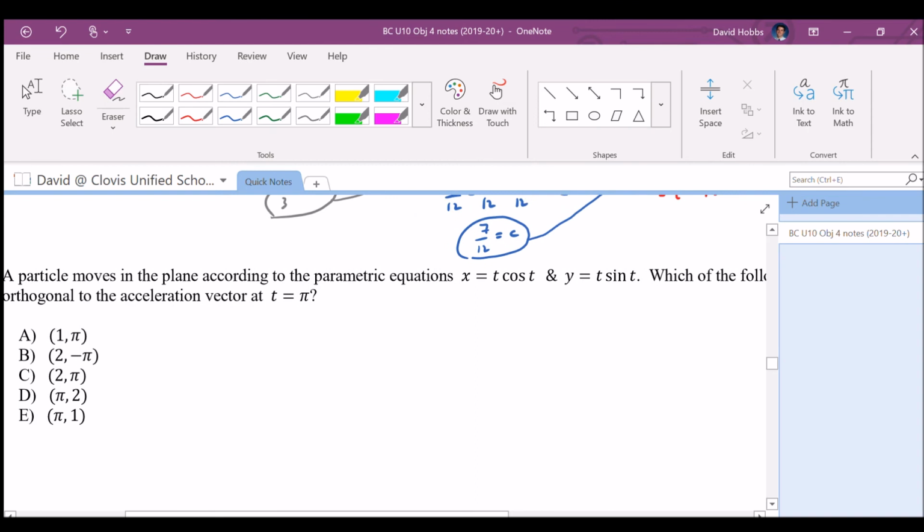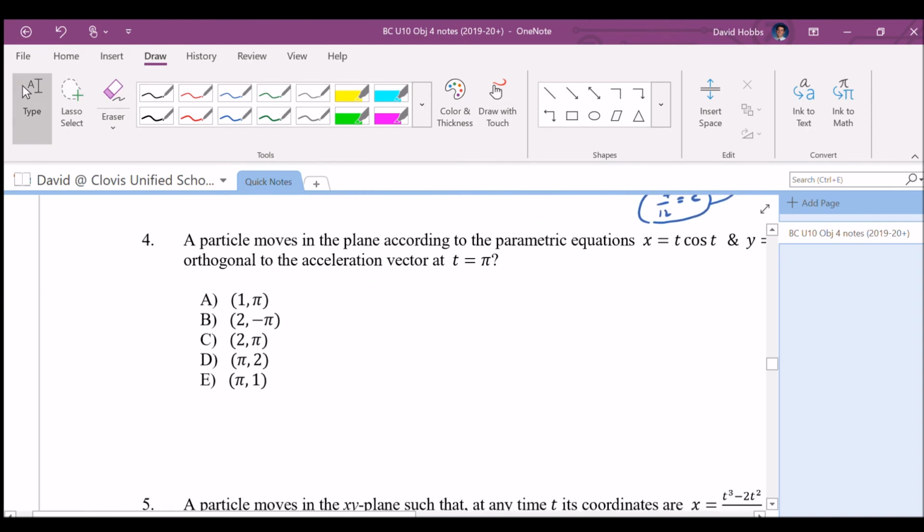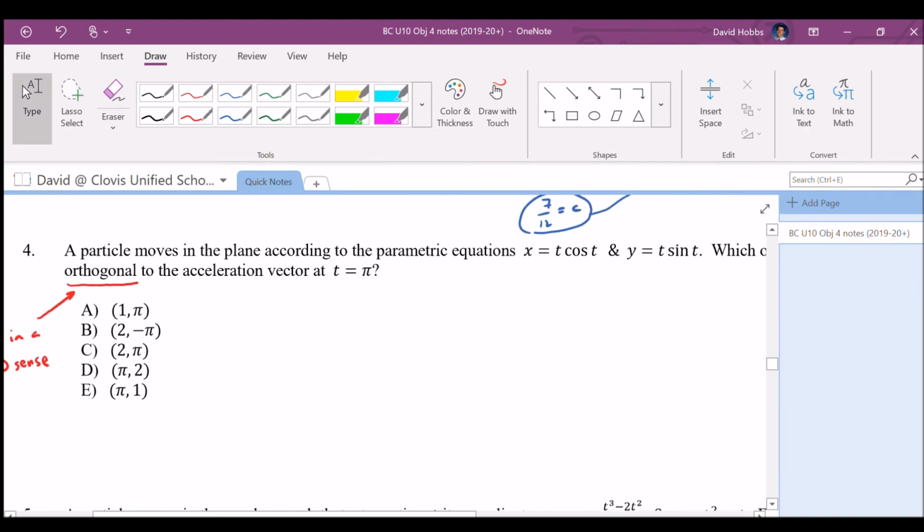Each of the following vectors is orthogonal, that is, perpendicular in a three-dimensional sense, to the acceleration vector. Okay, so the perpendicular to the acceleration vector at t equals pi.